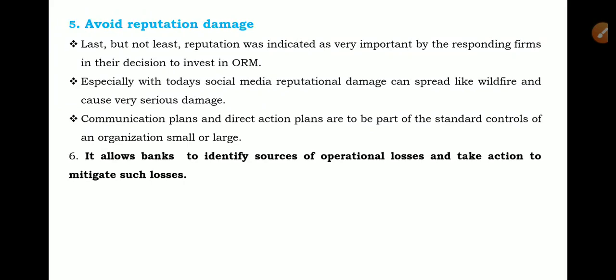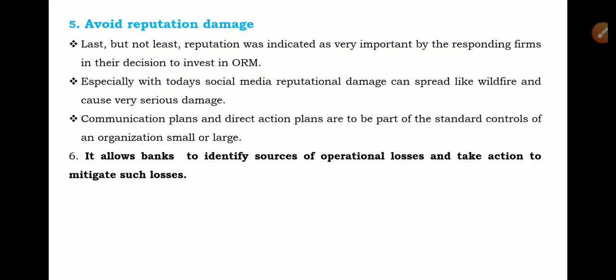And next, operational risk management allows banks to identify the sources of operational losses and take action to mitigate such losses. So why invest in operational risk management? This is one reason. It allows a financial institution to identify the source of the operational loss: where the loss occurred, why it happened, and how it was incurred.